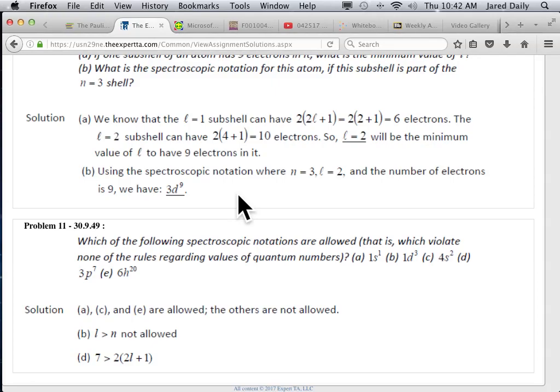When they just show you like 4s squared, they're showing you just the valence shell, just the outside shell of electrons, assuming that all the other shells underneath are full to capacity. So in this case, they're just showing you the last two electrons for calcium, if it's in the valence state. But 4s2 could also be something else that's not in its ground state. It could be an excited state.